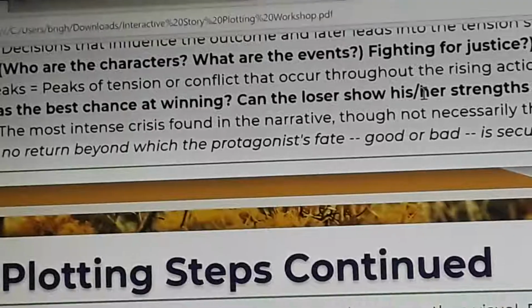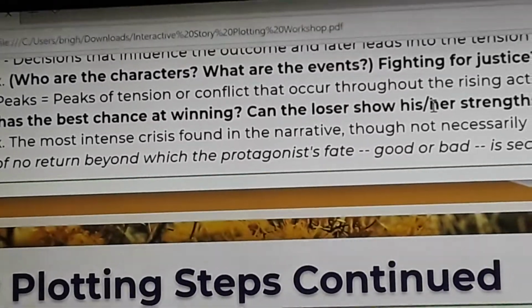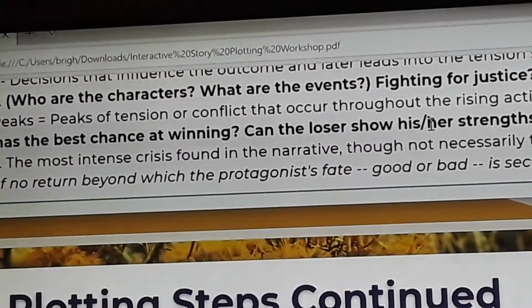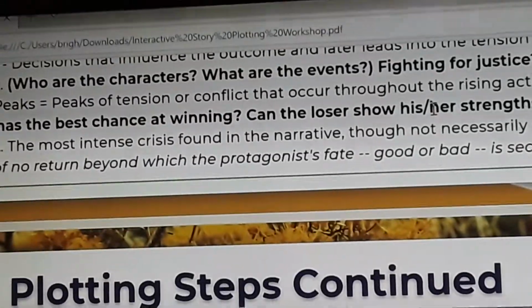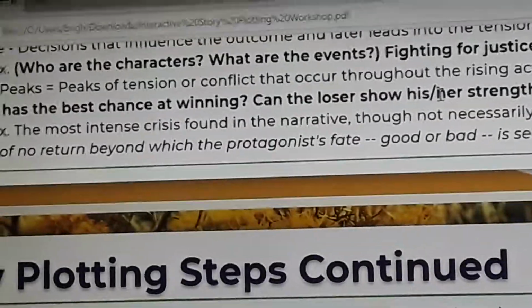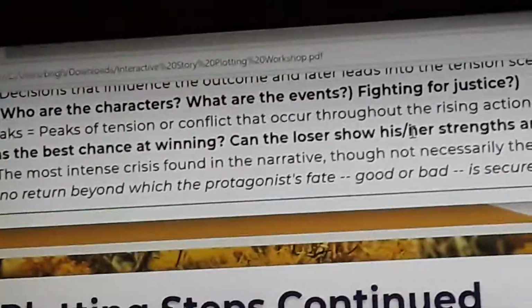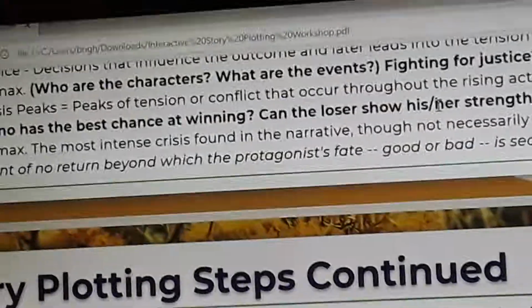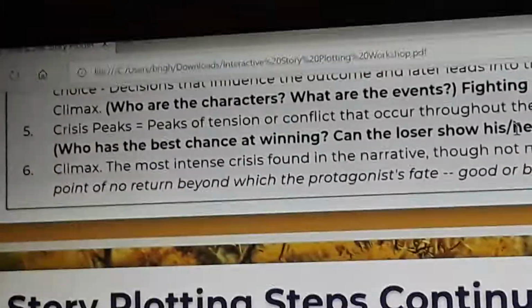So it's actually putting doubt in the reader's mind and swaying them from knowing the real truth until possibly the climax.